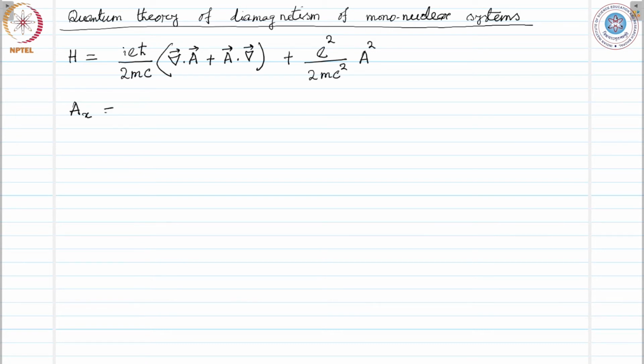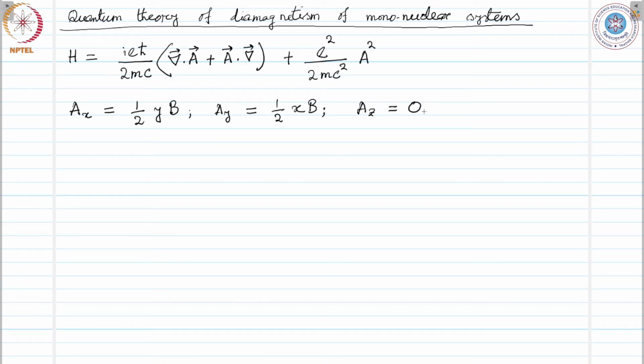Ax, the x component of the vector potential, would be minus half y B, B is the magnetic field pointing along the z direction, Ay is given as half x B, and Az will be 0.